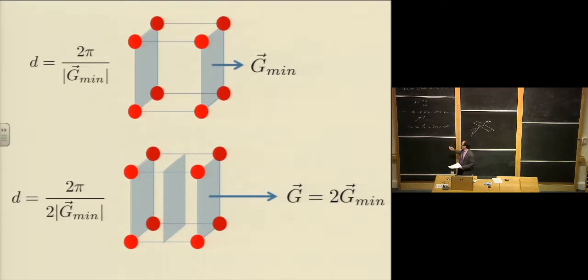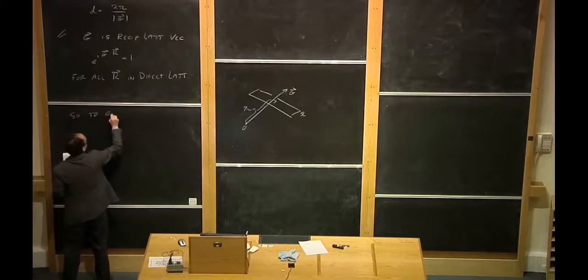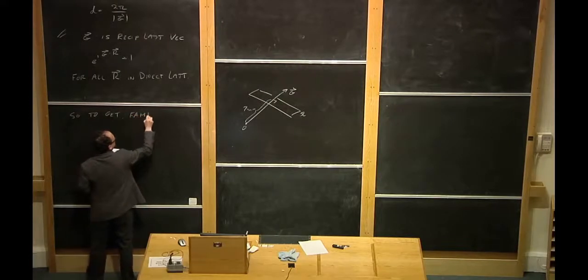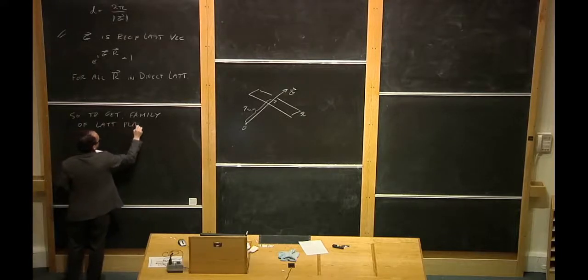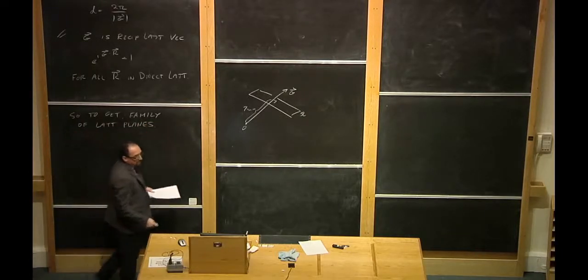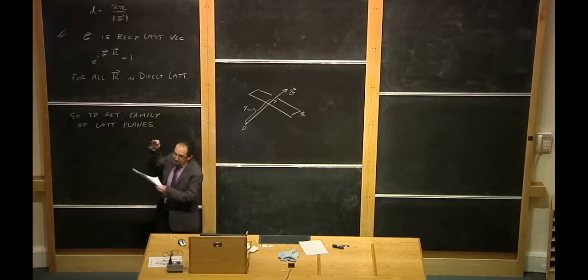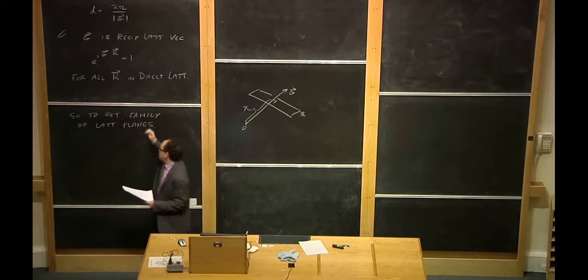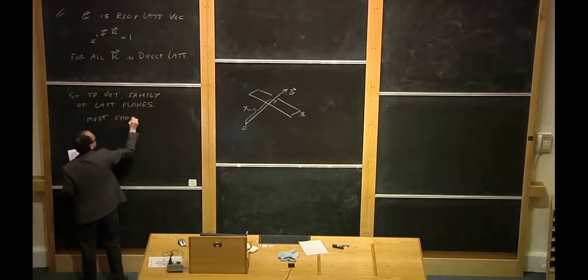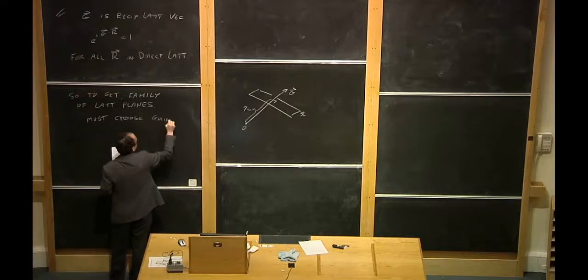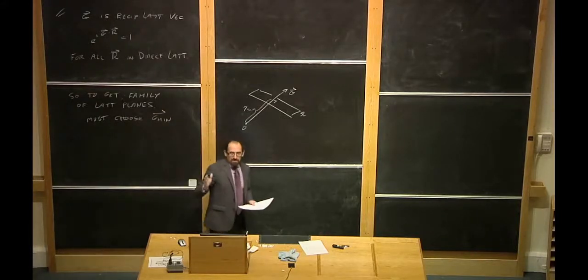Okay? So if we want to get a family of lattice planes, and to be a lattice plane, it has to cut through a lattice point. So if we want a set of planes where every plane cuts through a lattice point, we must choose G_min, the shortest reciprocal lattice vector in that given direction.